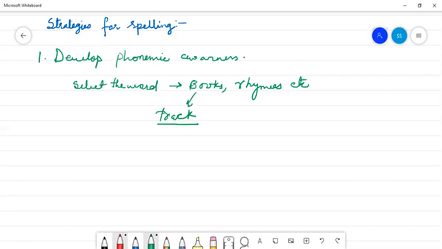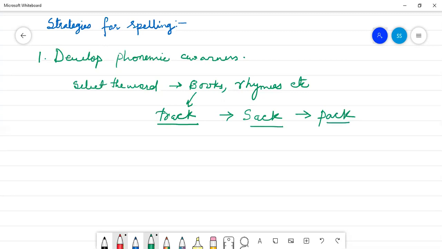Now we can make the child discover the things which look similar. For example, what are the similar words, like sat, which sounds similar, or sometimes looks like pack.